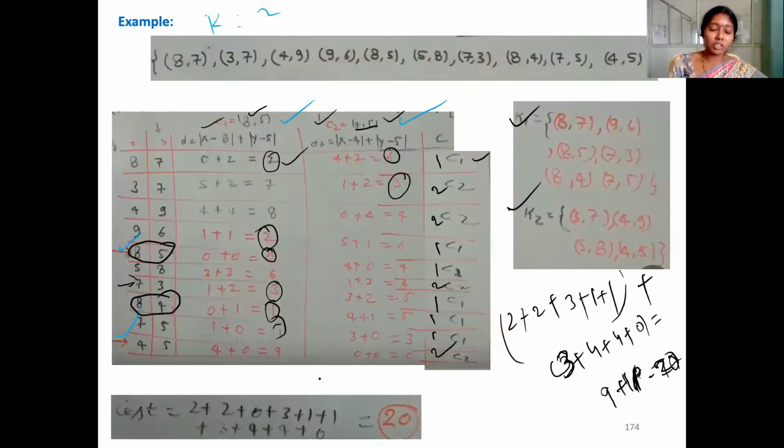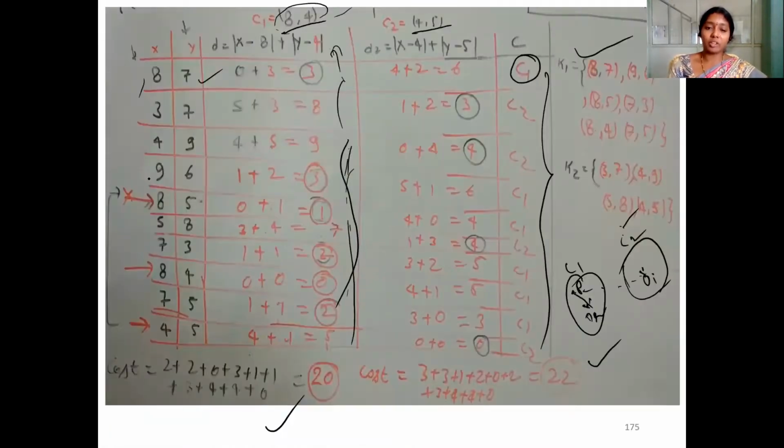Again, you go back to this step, and instead of 8,4, randomly select some other, let's say 3,7, and do the same process. What is the process? Again calculating the distances, reshaping the clusters, and going through all those steps. So like this, you can perform k-medoid clustering.